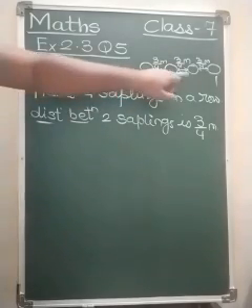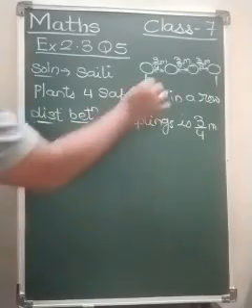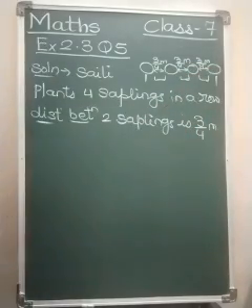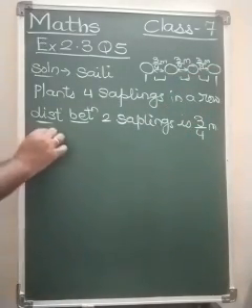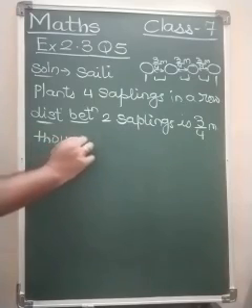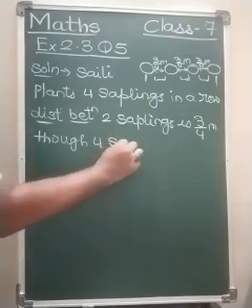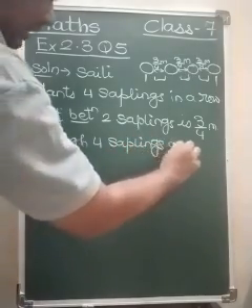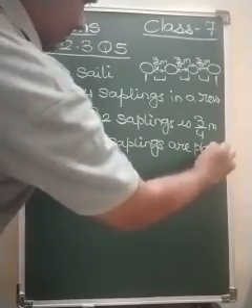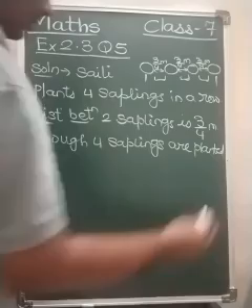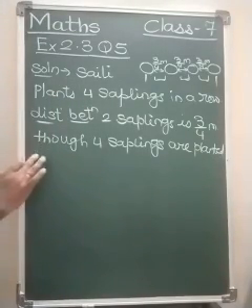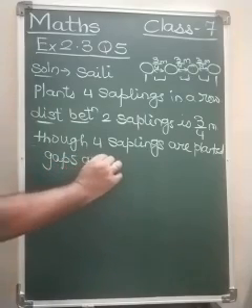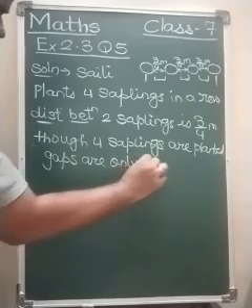Now, though 4 saplings have been planted, but here we can see that the gaps are only 1, 2 and 3. So we will write down that also. Though 4 saplings are planted, gaps are only 3.